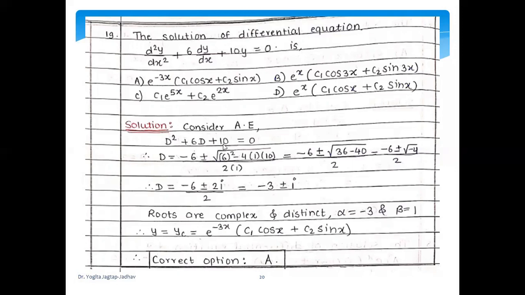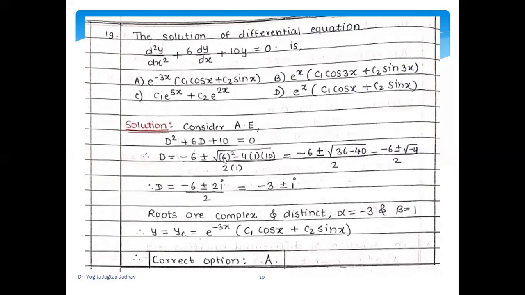and c equal to 10, and using it in the formula minus b plus or minus square root of b square minus 4ac upon 2a, we have D equal to minus 6 plus or minus square root of b square minus 4 times 10 upon 2 times 1.